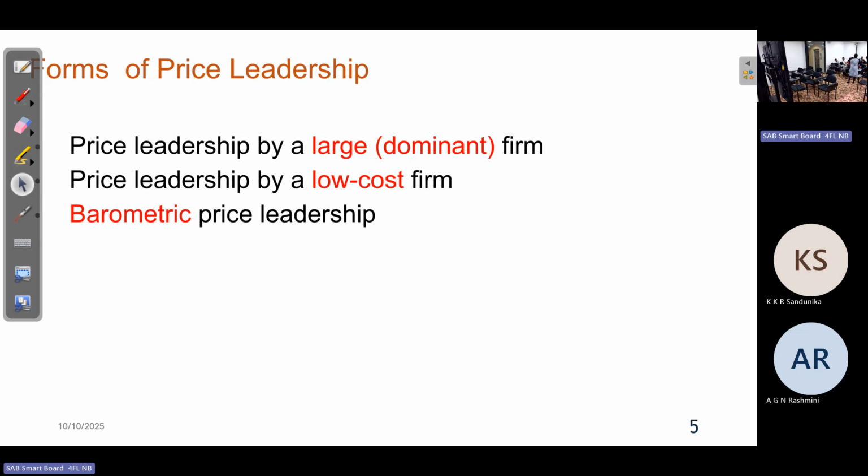Lowest cost, and cement. Look at the lowest cost example. Cargills in terms of lowest cost.